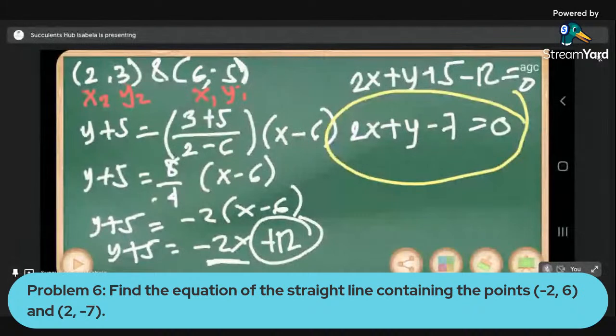Okay, again, please check. Instead of negative 2, negative 7, the given is 2, negative 7. Okay?